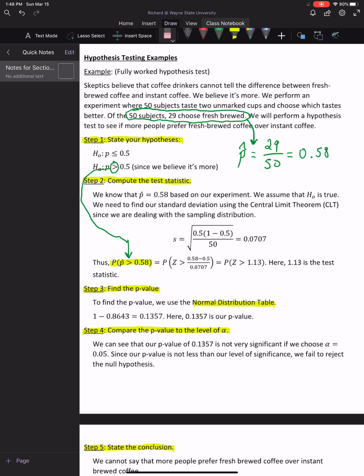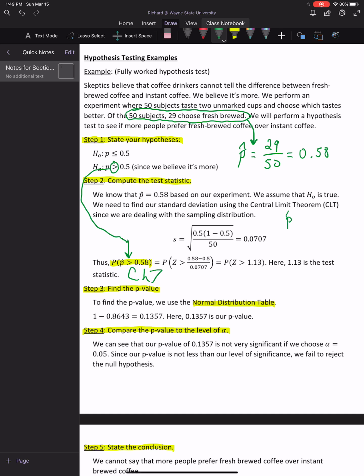It always follows what the alternative hypothesis is. Now if you're wondering what happens in a two-tailed test, we'll look at that, I promise, in one of the examples. Now when we write it out as the probability of p hat being greater than 0.58, guys, this is chapter 7. So now you proceed exactly as you would in chapter 7, and you have to remember that fancy formula to compute the z-score.